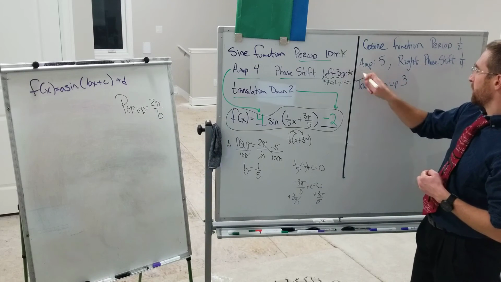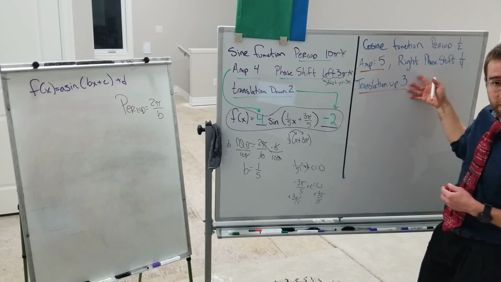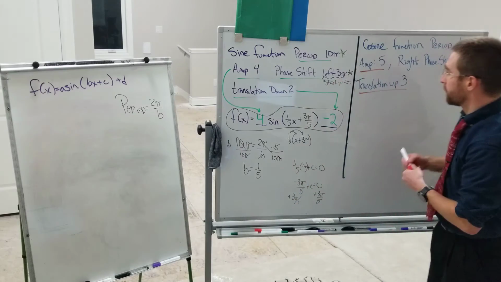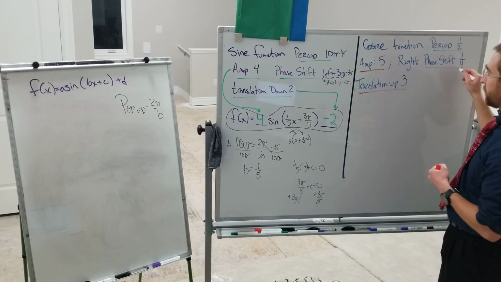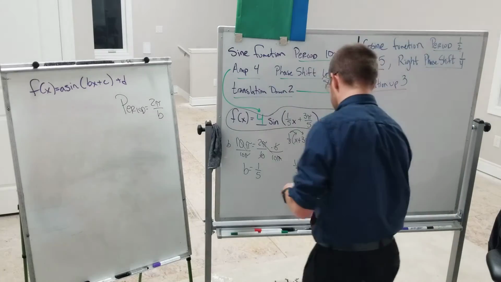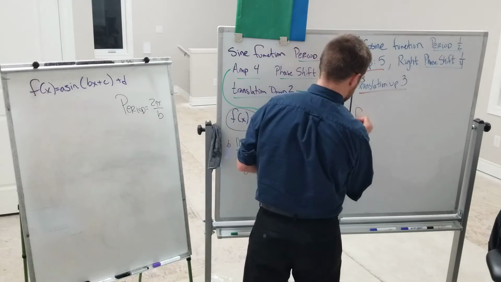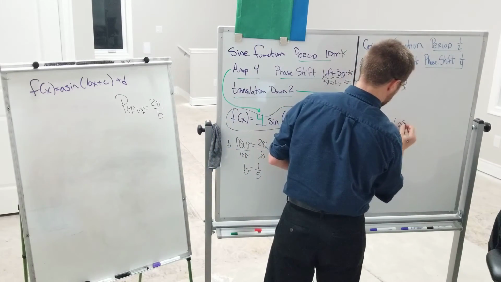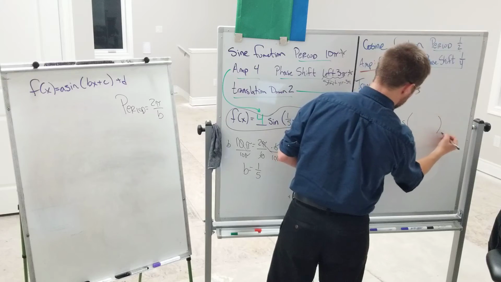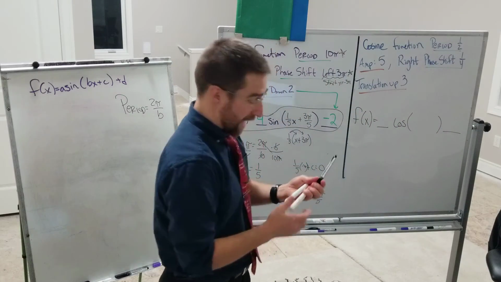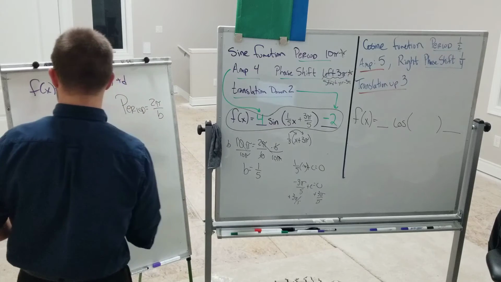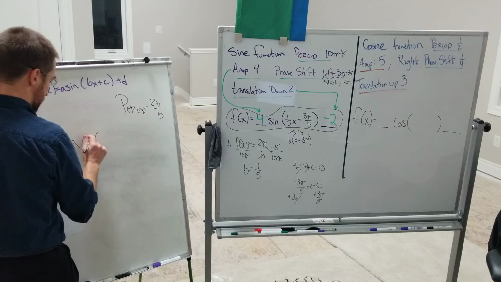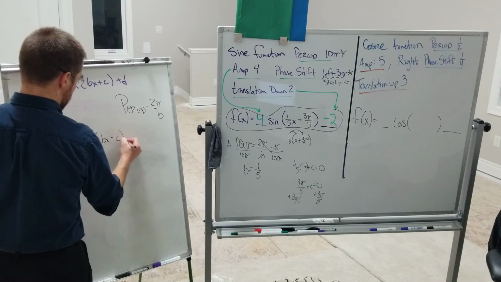We've got the amplitude and the translation, which tells us about our midline, remember? And then we have our period and our phase shift. So to start it off, we're going to say f of x equals a cosine of (bx minus c), plus d.